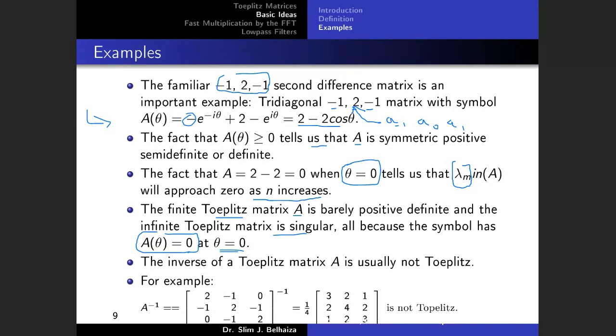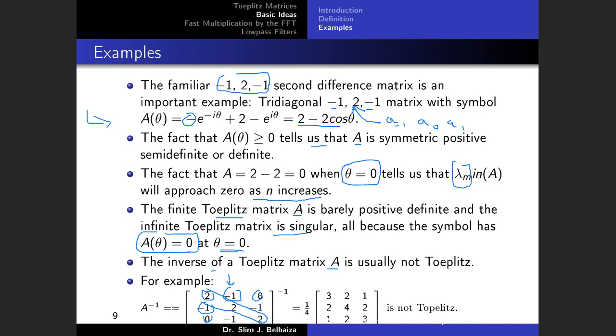Now let's see what happens with the inverse of a Toeplitz matrix A, which we said usually is not Toeplitz. For example, if you consider this matrix, you see you have 2, -1, -1, 0, 0. You have the Toeplitz structure, okay? And more than that, you can say that this is a tridiagonal Toeplitz matrix.